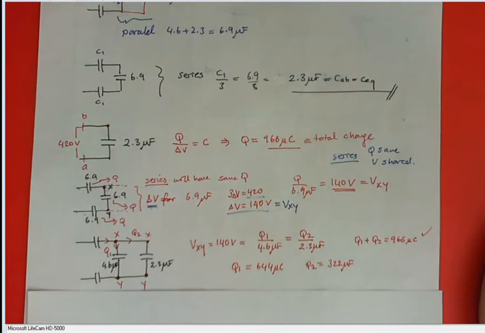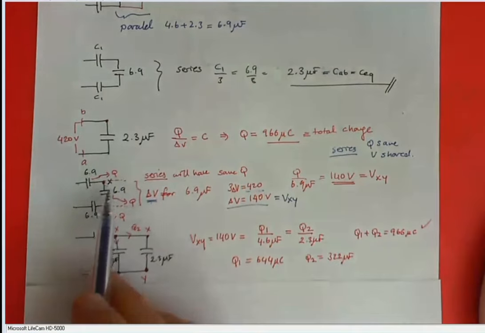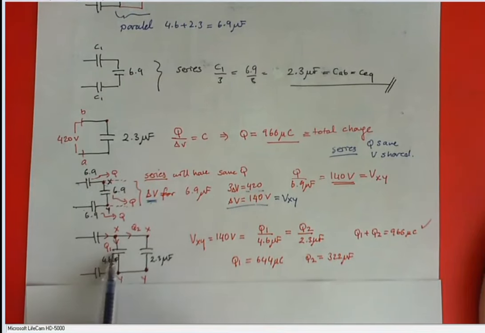All right, so next we have to add them up. Remember how we got this: the 6.9 was the combination of these two parallel capacitors, right? One of them is 4.6, the other is 2.3.